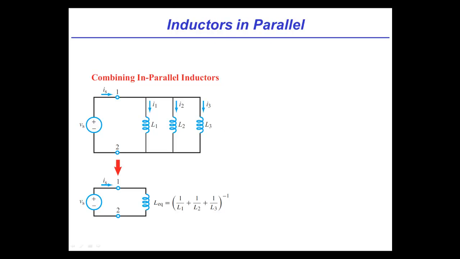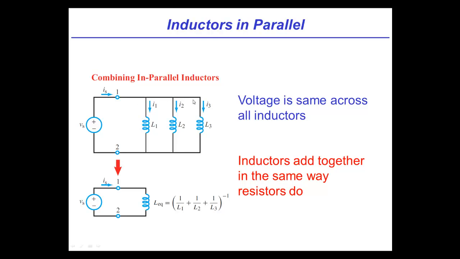Oh, sure. So here we're going to do the same as we did for pretty much all these elements in parallel. Notice that IS, the current coming in, is going to be split down to 3 branches, I1, I2, I3. The voltage is the same across all of the inductors, okay?